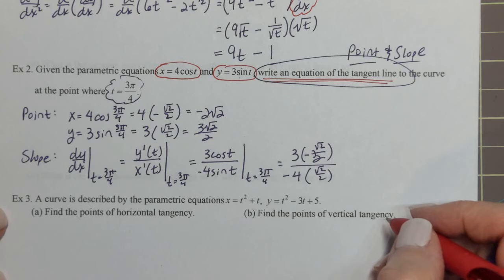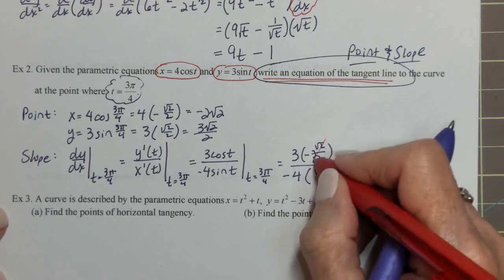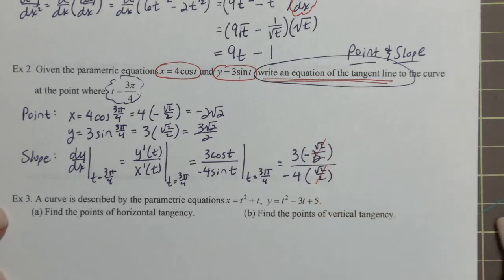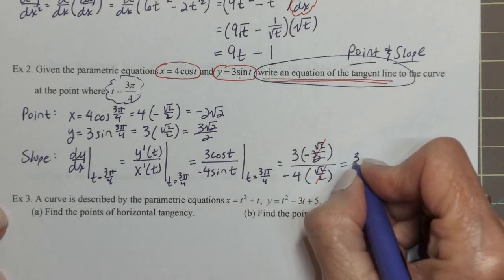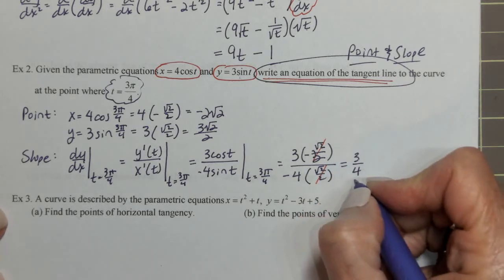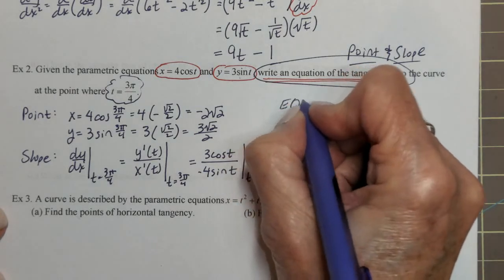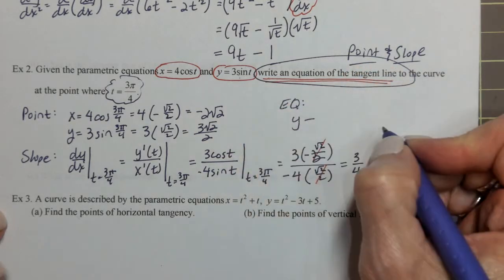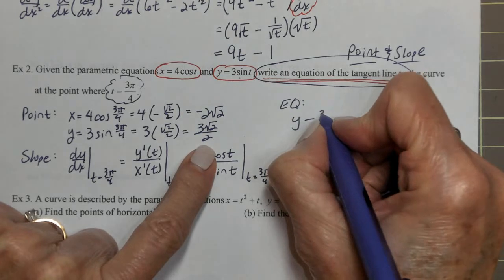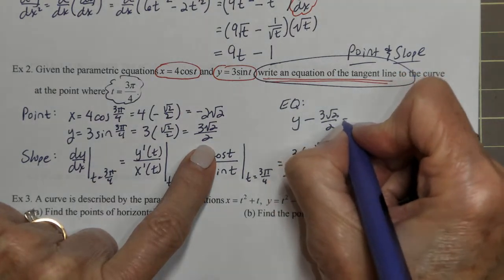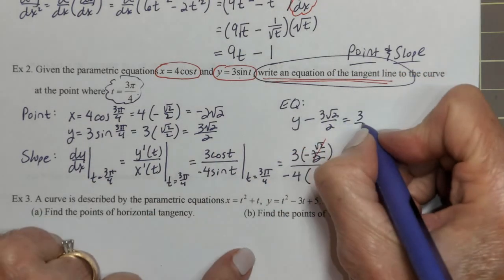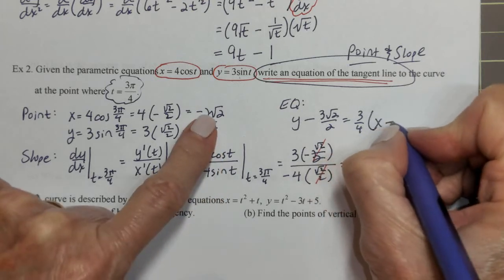Okay, so let's see, the square root of 2 over 2 will cancel out, the negatives cancel out, and we have 3 over 4 as the slope. So the equation of the line tangent will be y minus the y value is equal to the slope times x minus the x value.